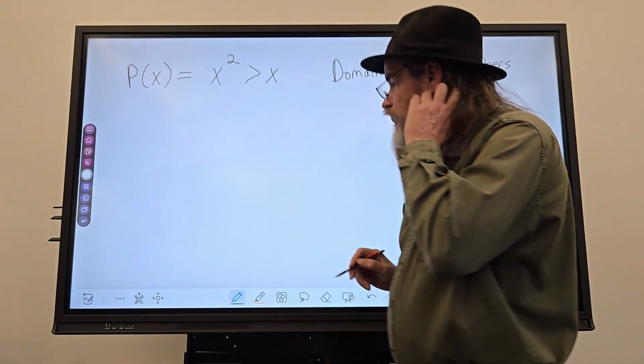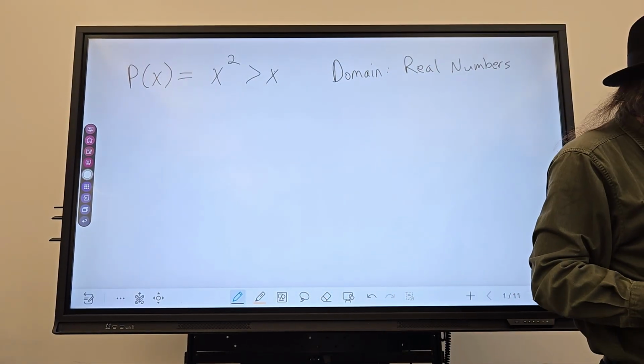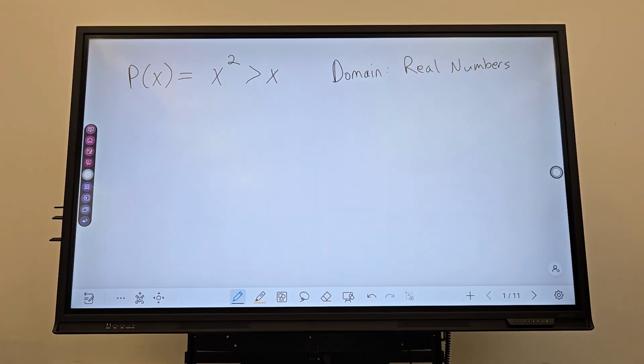Okay, so you plug in values for the variables and try to find the truth set of the truth values of a predicate.